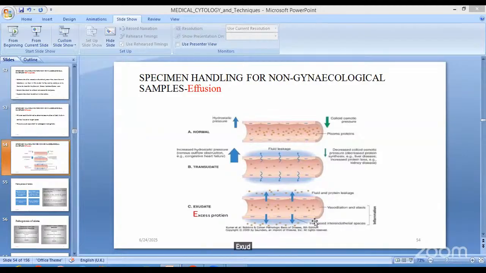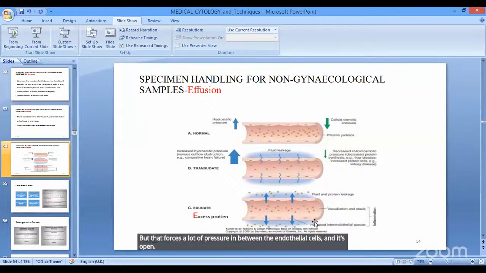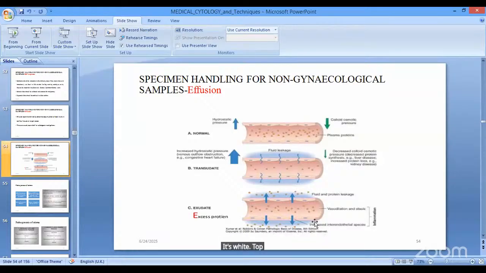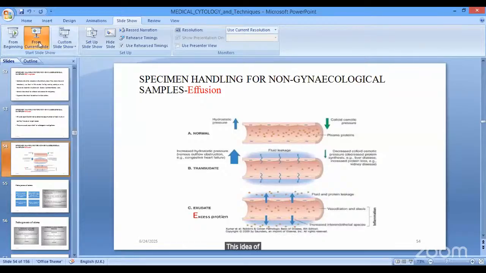Exudate, as opposed to transudate: this is an increase in plasma protein, and that forces a lot of pressure in between the endothelial cells, and it opens them wide. So the amount of effusion due to vasodilation is going to increase. So you have exudate. These are the situations when you have effusion.